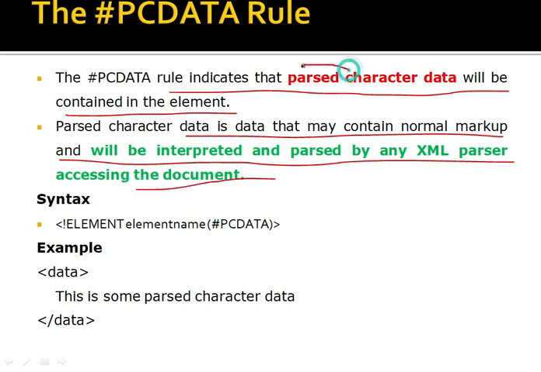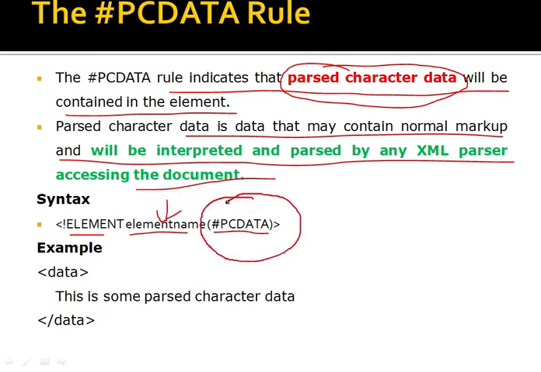That means any data for an element of type PCDATA will be parsed by the XML parser. What is the syntax? ELEMENT, element name, then PCDATA. So the element data content can be parsed by the parser. This is read and processed by the XML parser.